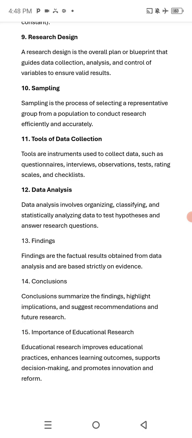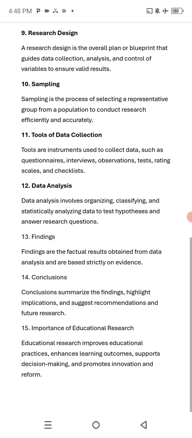In the process of research methodology, you summarize the findings, you highlight the implications of the findings, and suggest recommendations for future research.